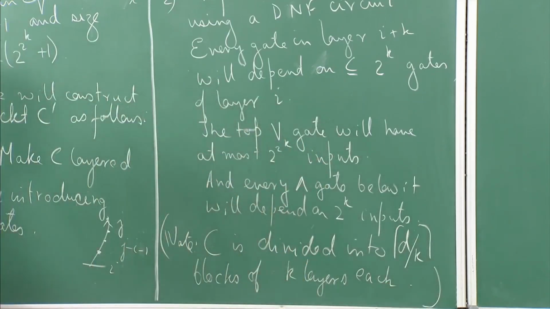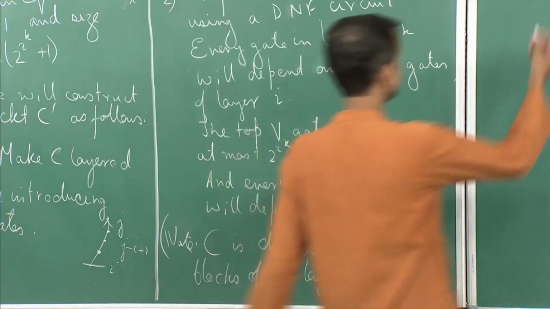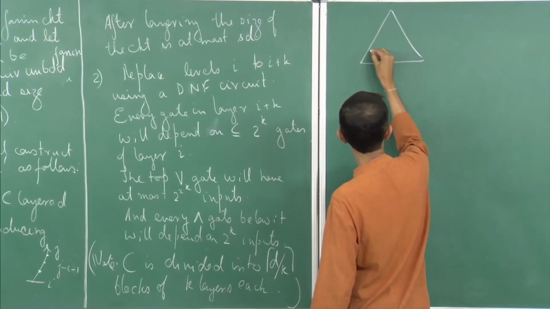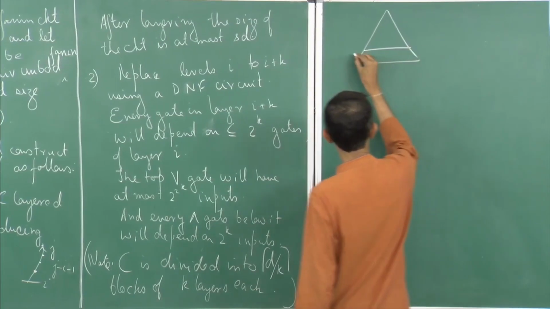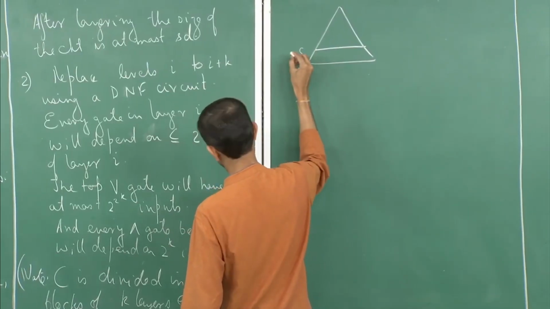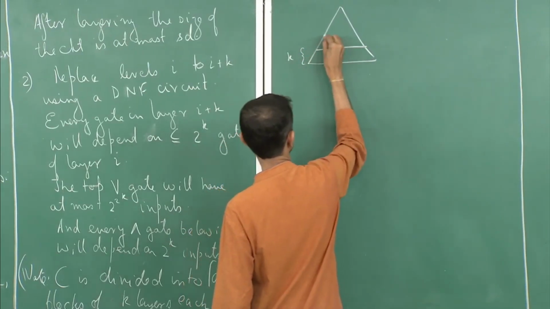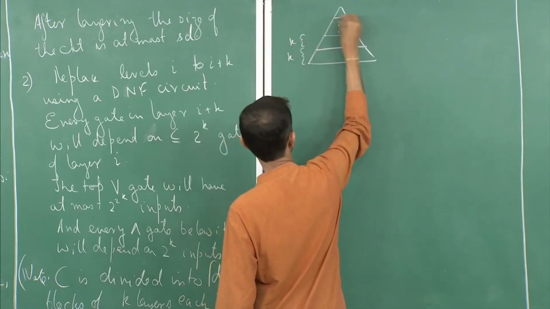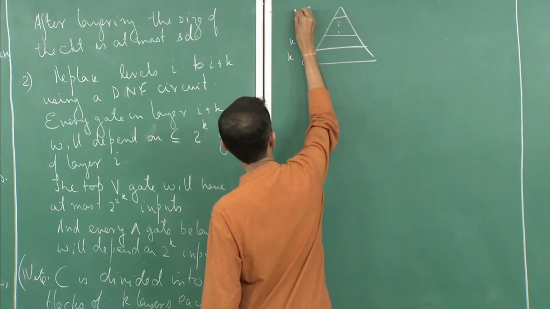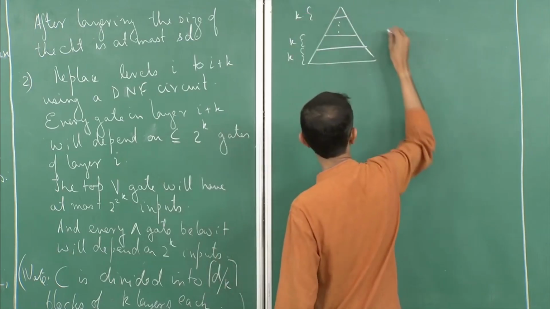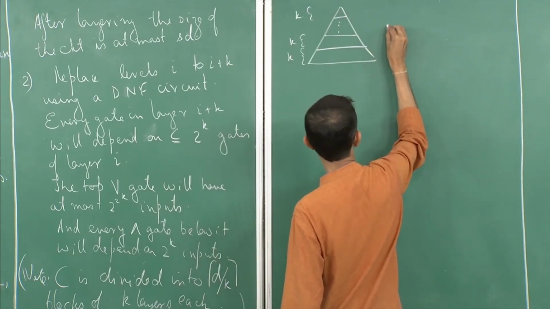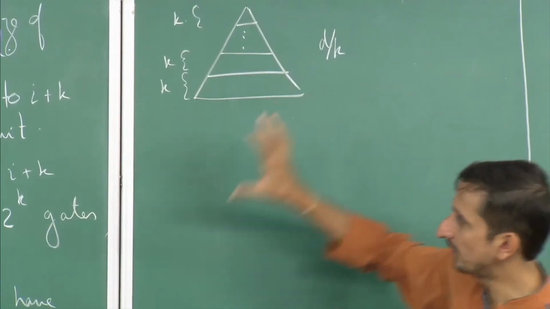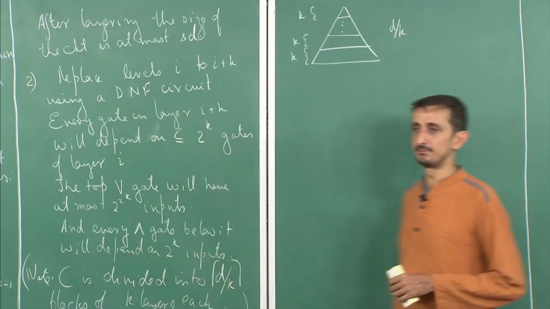Okay. So, again pictorially this is what it looks like. So, this was my C. I have broken it down into the first block of K layers, then again K over here and so on, and the total number of such blocks is D by K, and for each block I am essentially doing this kind of a replacement.